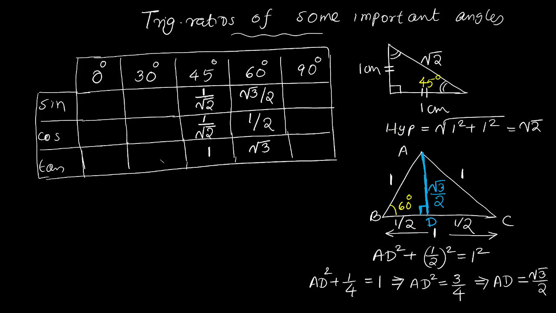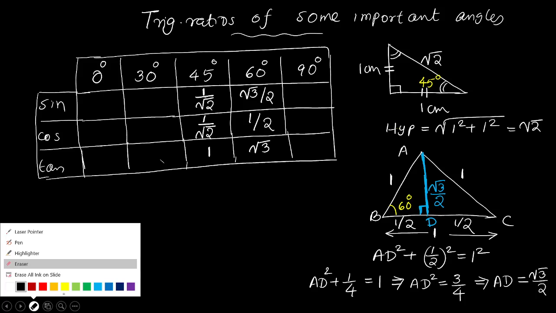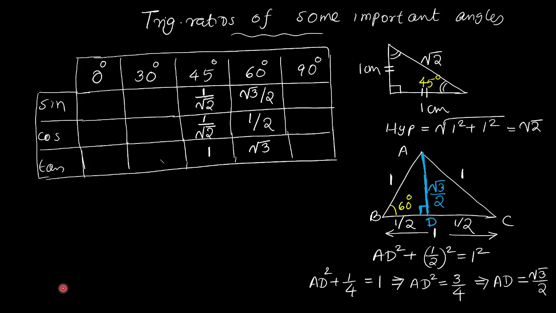So now 30 degree. For 30 degree, all of you please look at this diagram. This total angle A will be 60 degree because it is an equilateral triangle.